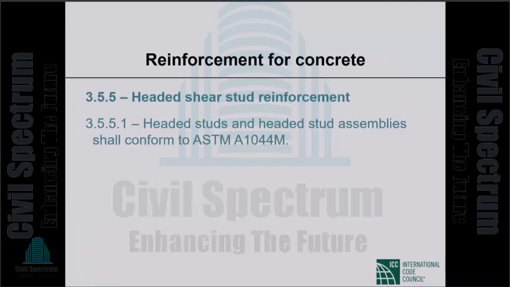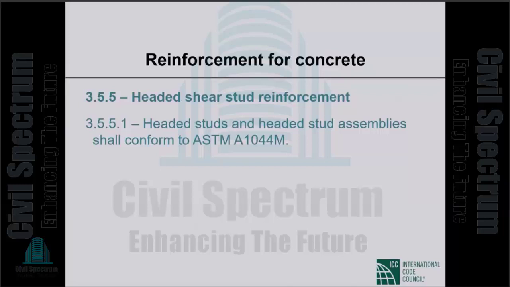Okay. Back in ACI 318-08, it was already recognized. Prior to that time, the headed studs were a proprietary item. And we do not ever refer to proprietary items in ACI 318. But that has changed a long time ago.